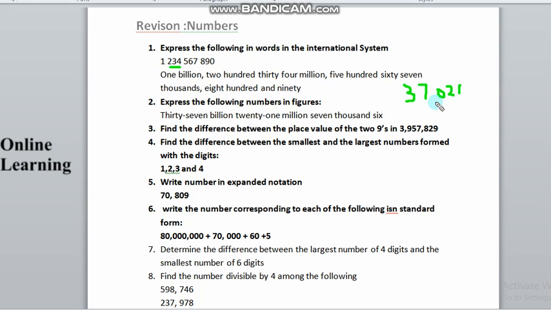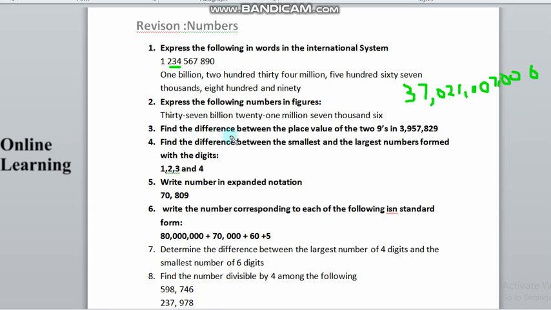In the international system there are two types: in one we write commas, and in some places we don't use commas, we just make a space between the billion, million, thousand and hundred. They said 37 billion 21 million and then 7000, that means 007, and then the last one is 6, 006.